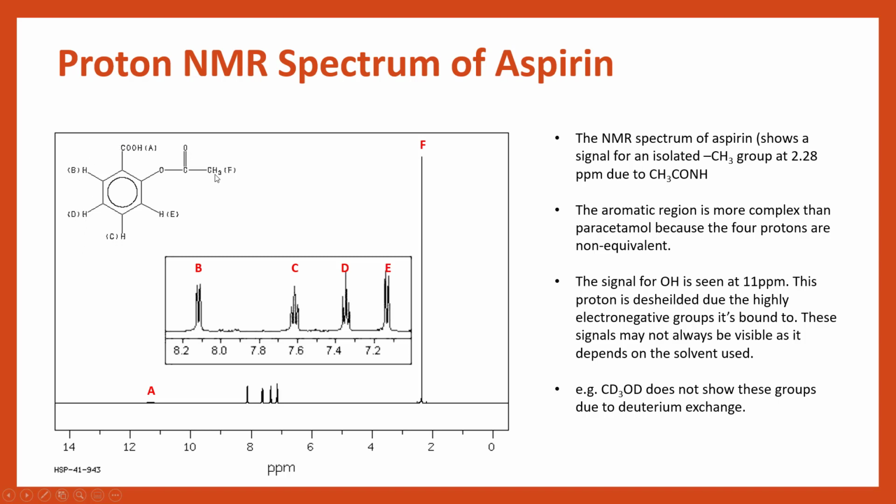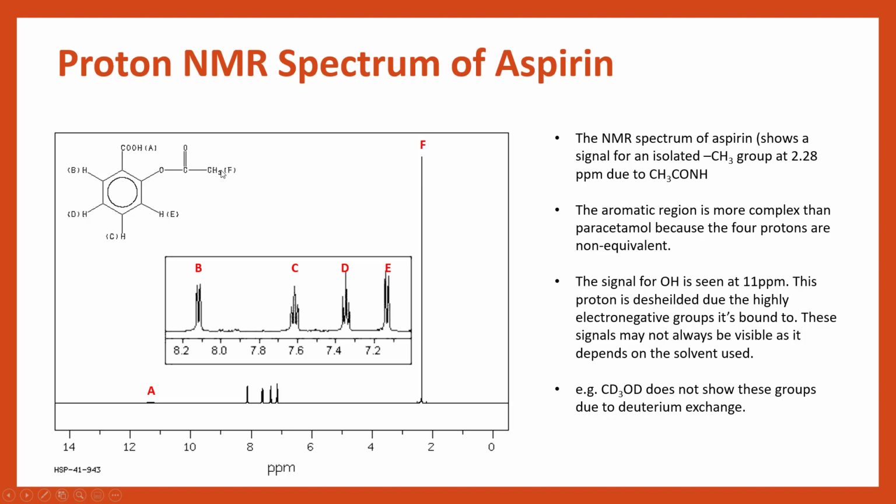And because of that, we have 1, 2, 3, 4, 5, 6 peaks. We see that we have a very tiny one here, and good guess what that already is going to be. 2, 3, 4, 5, 6. So that corresponds to how many different protons I think we have.